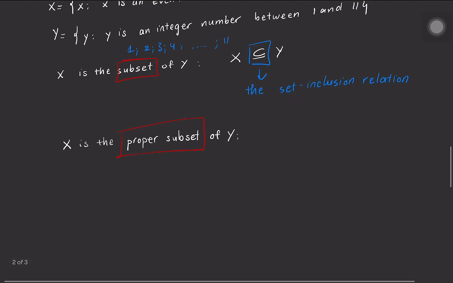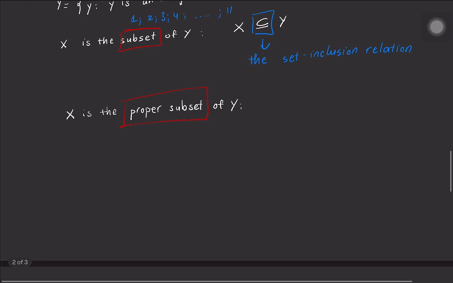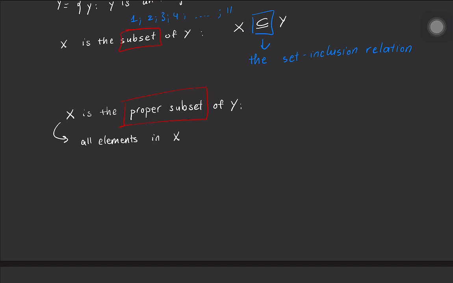So what is the difference between a subset and a proper subset? A proper subset is where all elements in X are in Y, but not all of Y is in X, right?